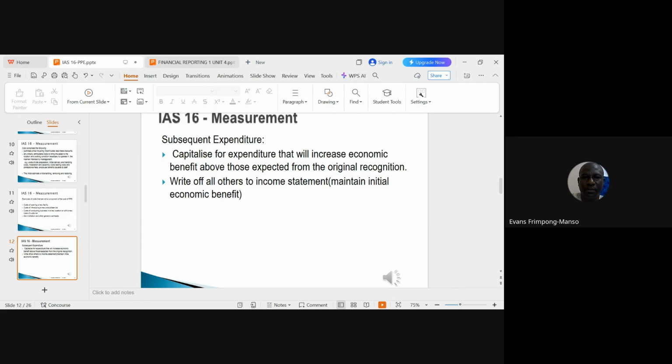When I say capitalized, it means add it to the cost of the asset. But if subsequent expenditure is incurred just to maintain the asset, that one is a revenue expenditure. When I say revenue expenditure, it means it will go to the profit and loss account. When I say capital expenditure, it means you add it to the cost of the asset. So you have to bear that in mind also.